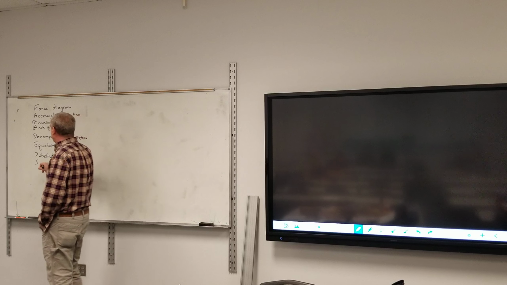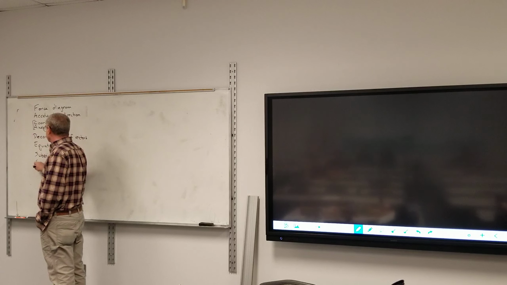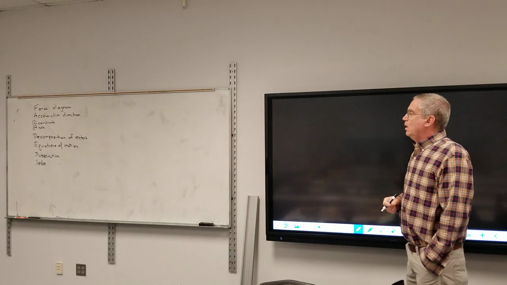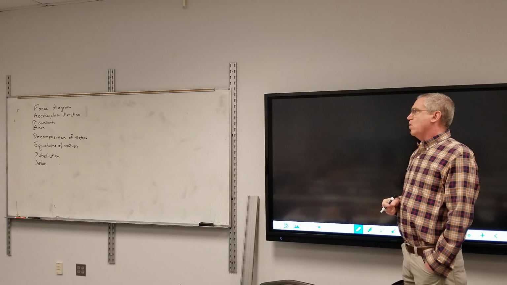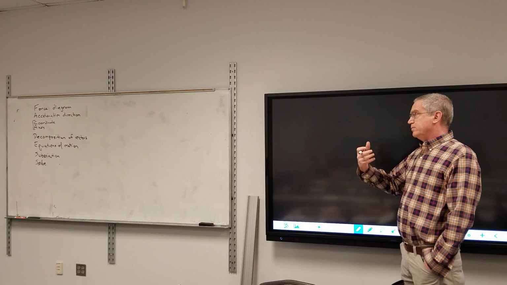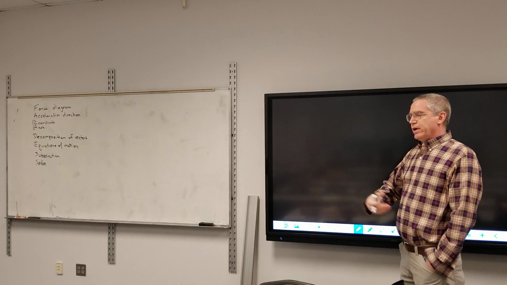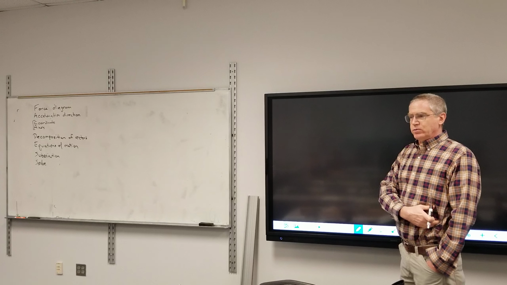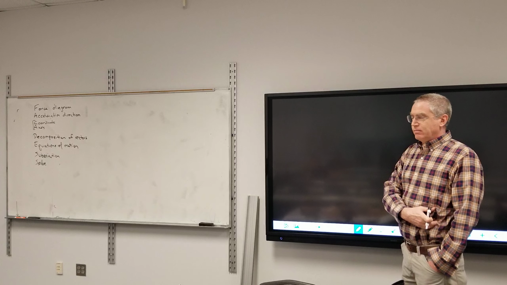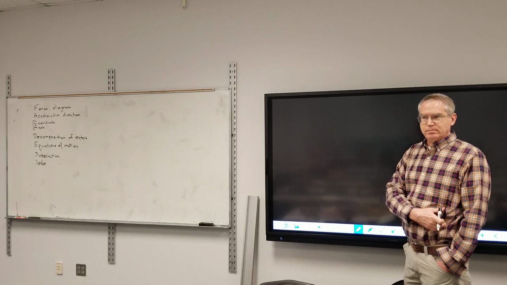And then finally, solve. And I refer to this as the facades method. So I finished going through the regiment of the force diagrams, and then we'll actually take one of those and work through all the steps.